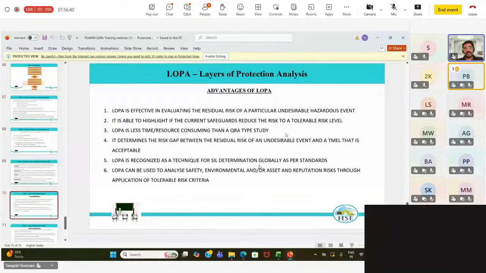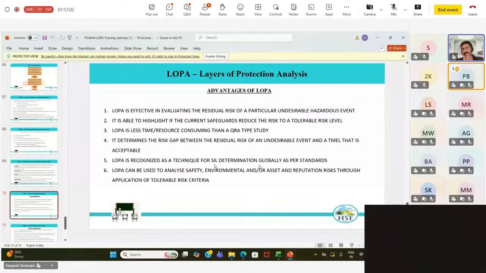Next, it determines the risk gap between the residual risk of an undesirable event and the TMEL that is acceptable, based on OSHA here. You always get a gap which is very clear and evident. Next, LOPA is recognized globally as a technique for SIL determination as per standard.